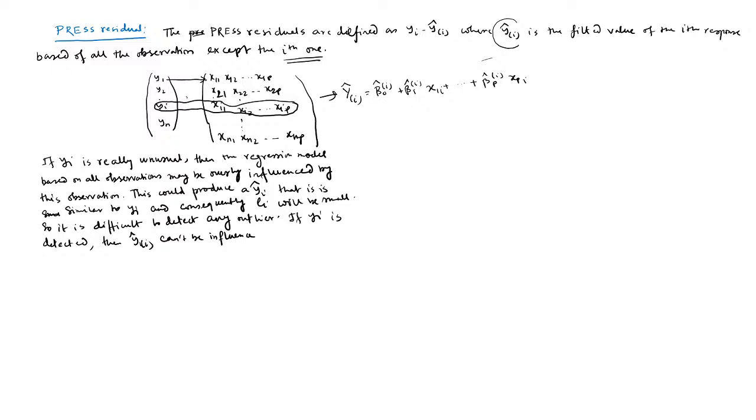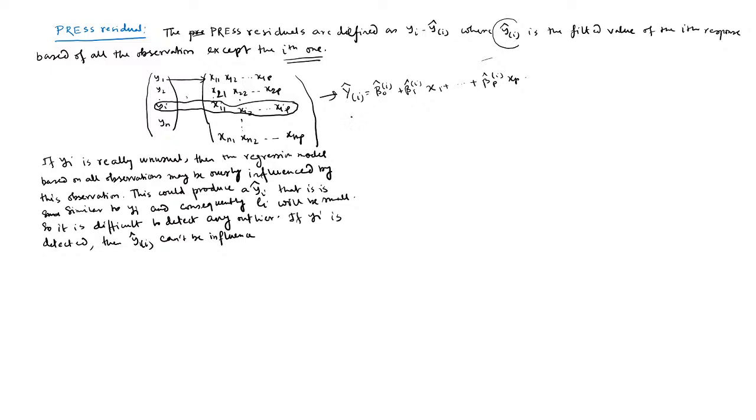So using this remaining data set you can fit this model. This means I exclude the ith observation. Okay, you fit this model.